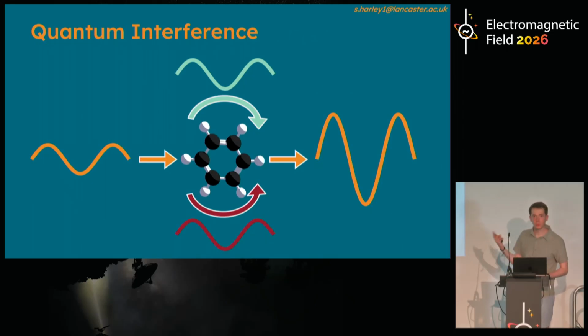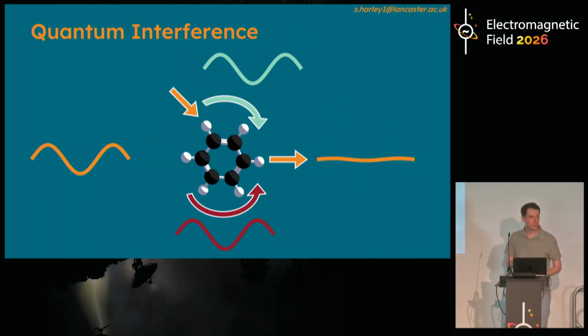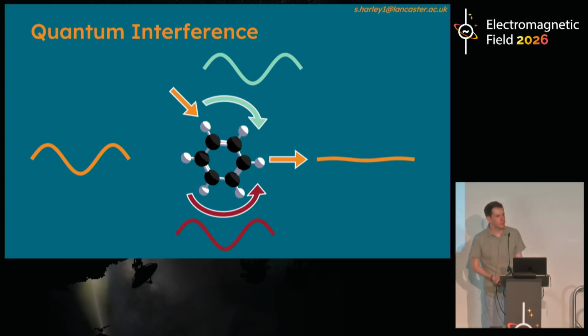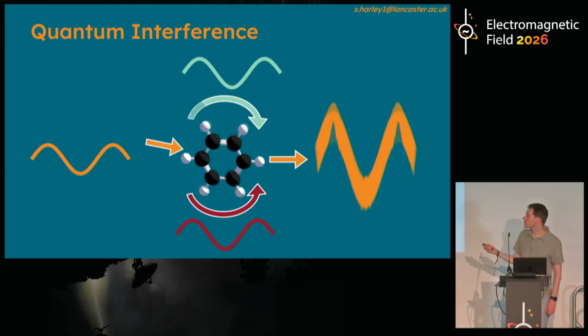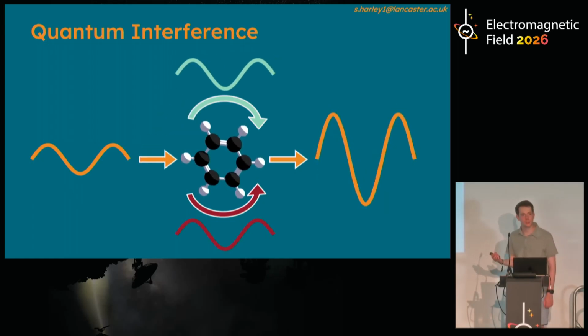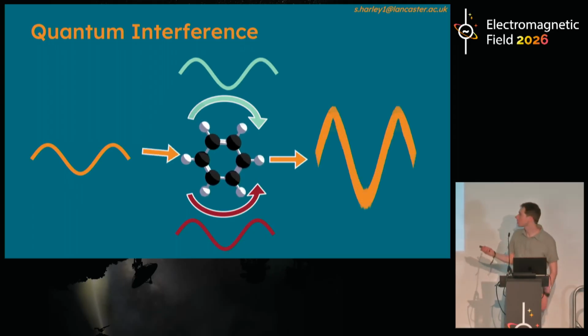But if we move this situation by one atom, and instead inject the electron up here, now the top path is short relative to the bottom one. The two waves no longer add up, and they actually cancel out. So now we have a single molecule switch that we can turn on and off. We're already seeing the groundwork of a technology on the scale of a single atom, and reaching an idea of a molecule that could actually compute.